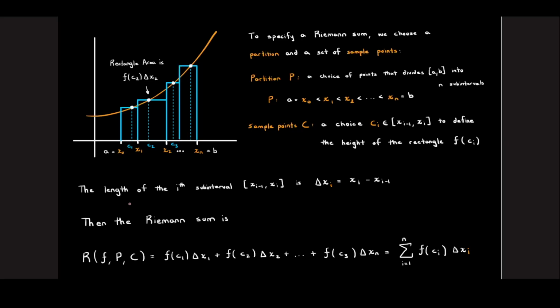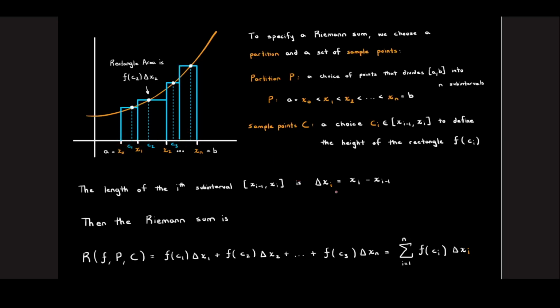So with the partition in place, we can define the length of the ith subinterval, which is just from x(i-1) to xi, as delta xi, which is equal to the right endpoint minus the left endpoint. And please notice that I put this i because previously delta x was a constant, right? We broke the given interval into n equal chunks. And as a result, delta x was always a constant width that we can factor out.